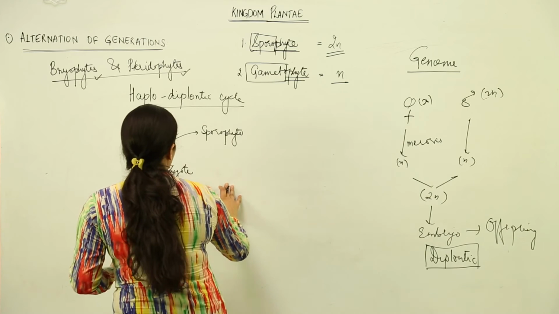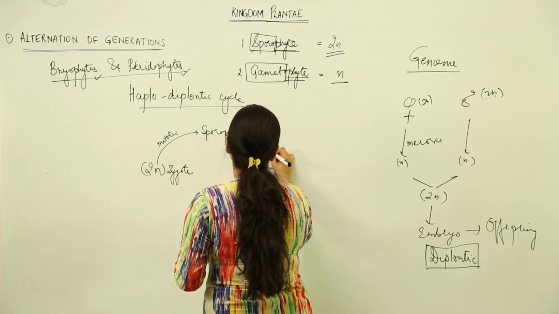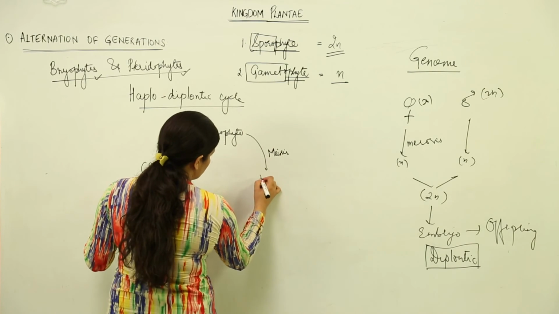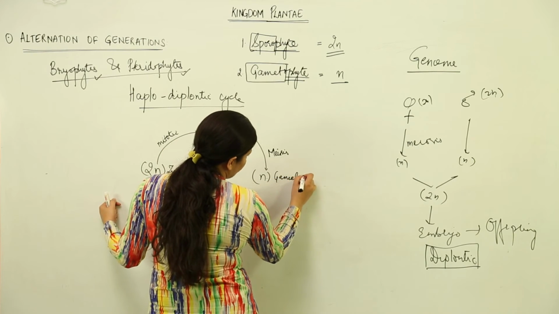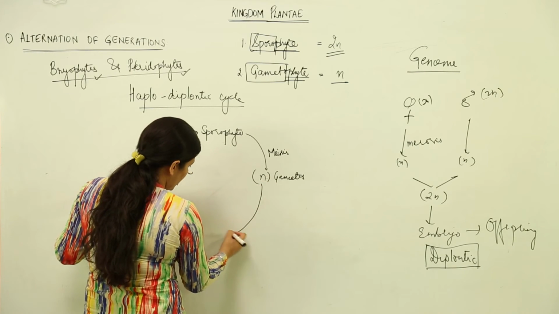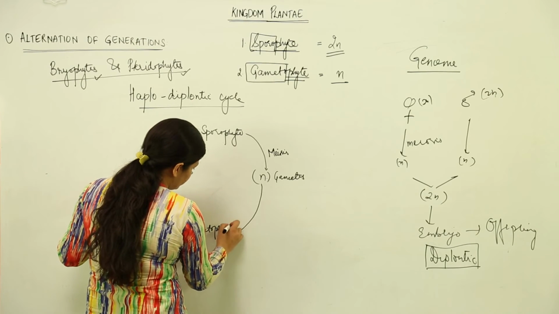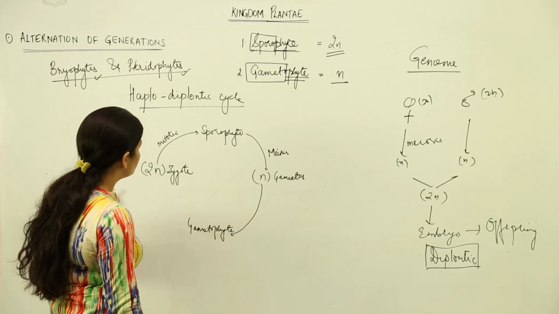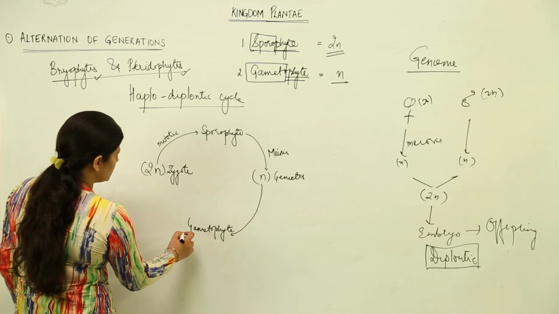Alright. Now this sporophyte would grow, it would undergo meiosis. Okay, there would be formation of spores. These spores would germinate and give rise to gametophyte. Sporophyte, gametophyte.